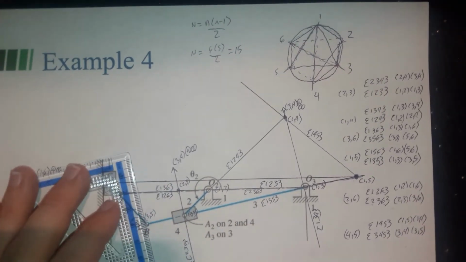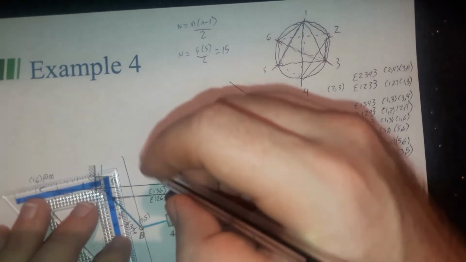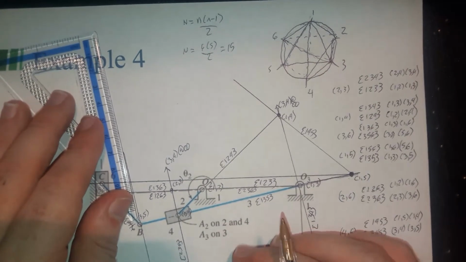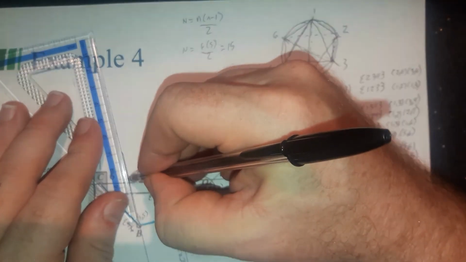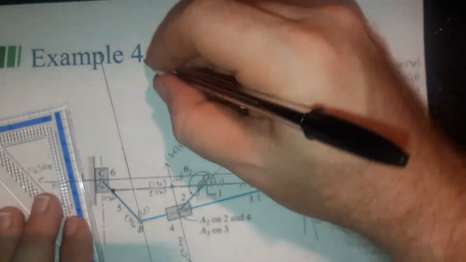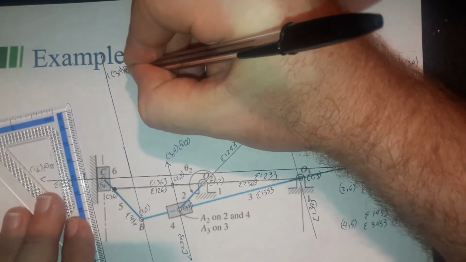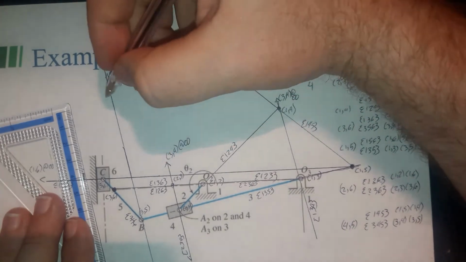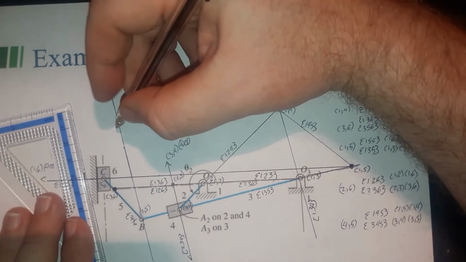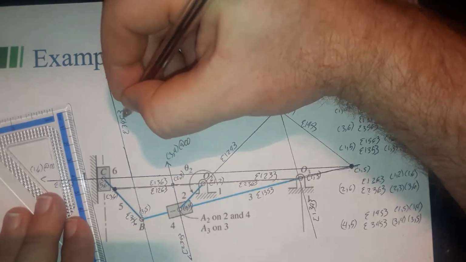It'll be easier for me to keep that straight if I use the lines on my ruler. And so this right here goes through 3, 5, and it's parallel to this line through 3, 4, so 3, 4 is off at infinity here. And so I'm going to have, this will be line 3, 4, 5.